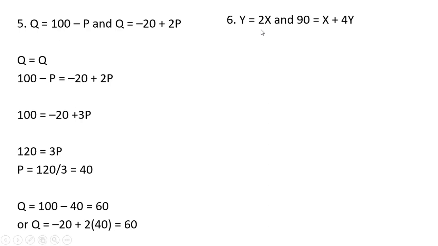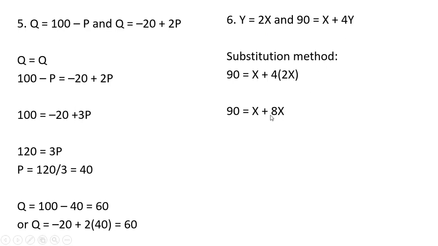Here's another equation. I'm going to look to make a substitution in this case. So 90 equals x plus 4y. Well, what is y? 2x. So what I did is I took this y equals 2x, this 2x part, and plugged it in for the y over here. Simplifying, 4 times 2x is 8x.